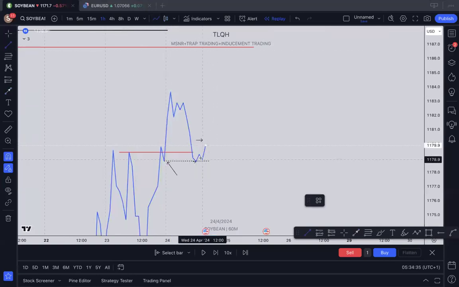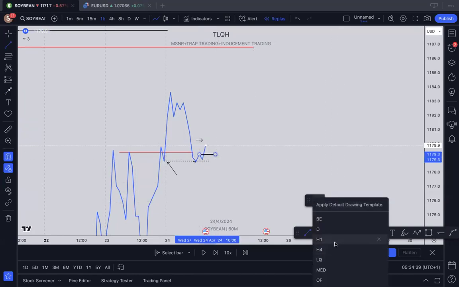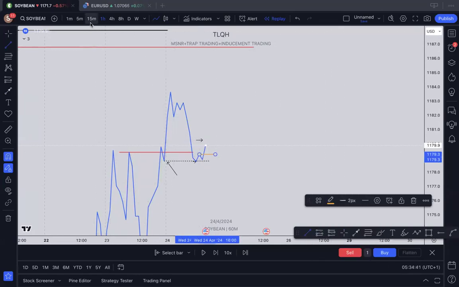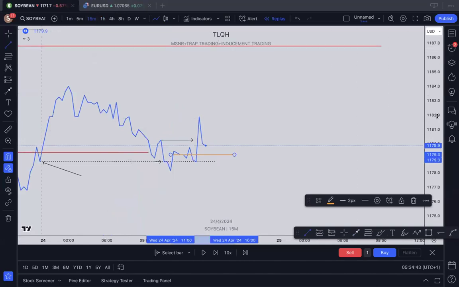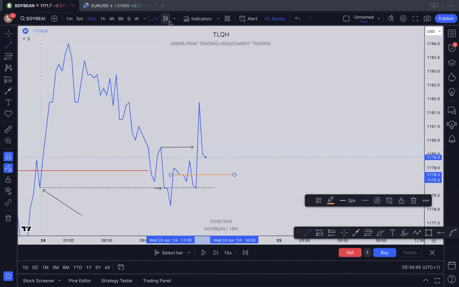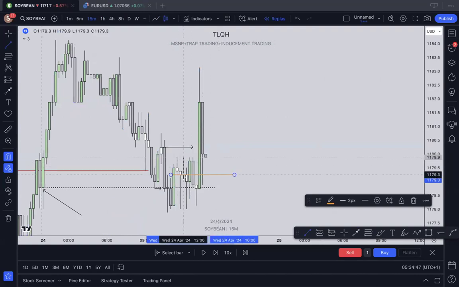Okay, so we have this H1 level right here. H1. And then from here, where's our next level? It would be this level here, the flip, while we had that QM.